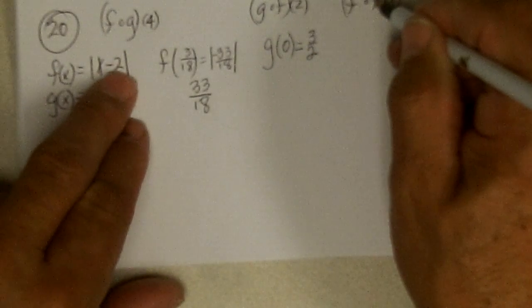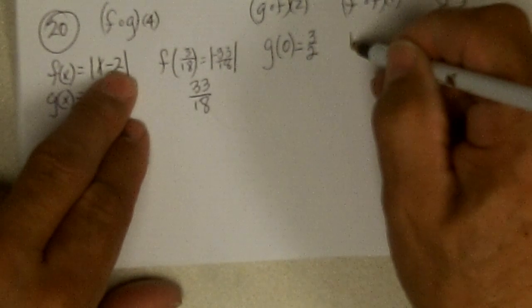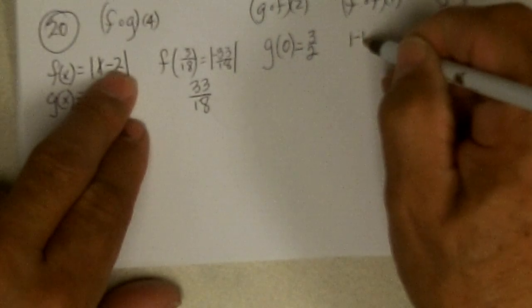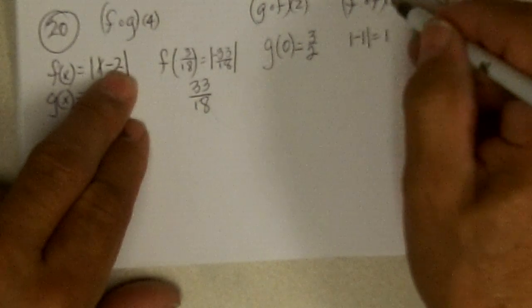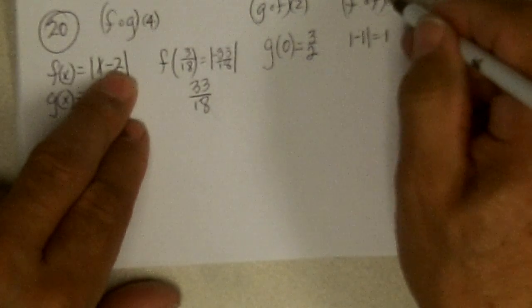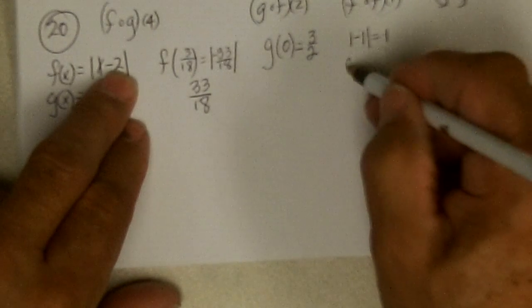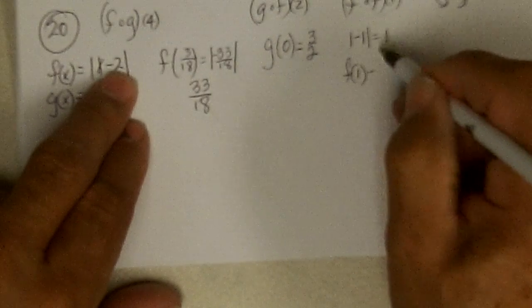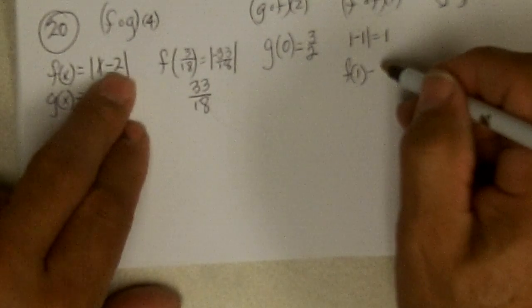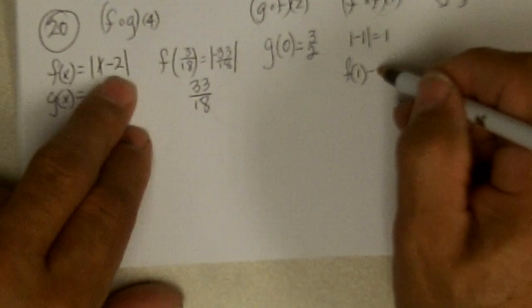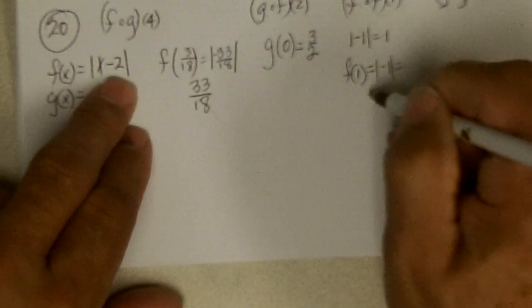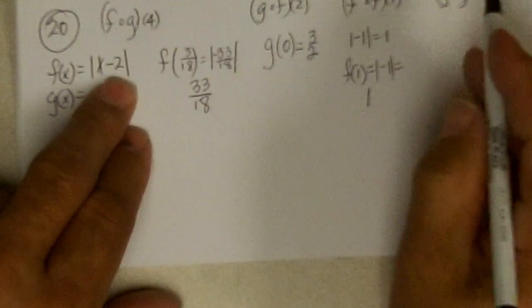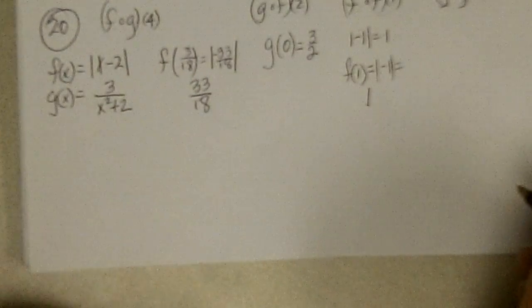So 1 minus 2 is negative 1, so I have the absolute value of negative 1, which is 1. So f of 1 is 1, and then I've got to put that into f. So f of 1 is 1 minus 2, which is minus 1. So minus 1 in absolute value is 1. So this comes out to equal 1.